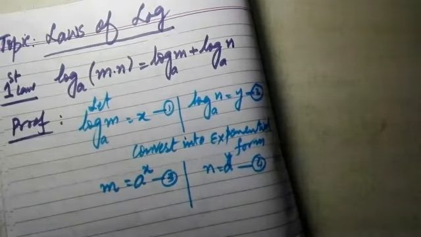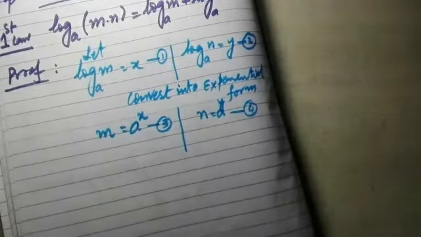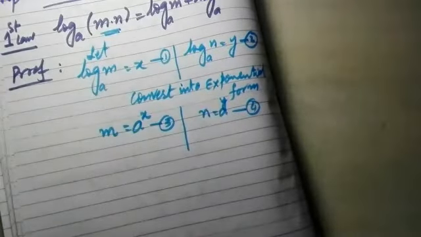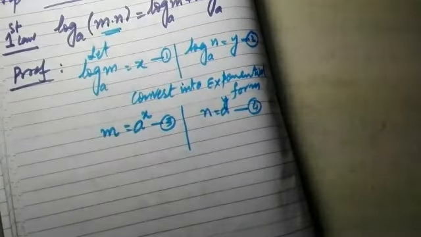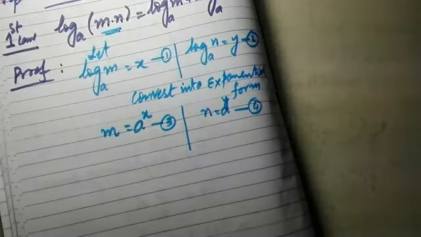If you look at the proof, we need the product of 2 numbers, m multiplied by n, and we have obtained the values of m and n in equation 3 and equation 4.